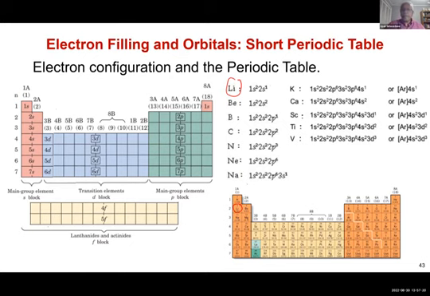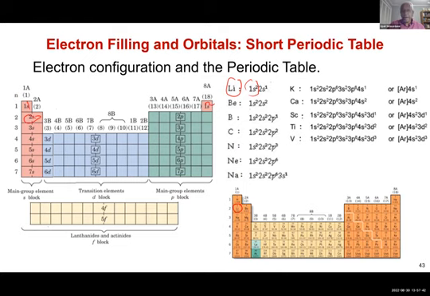So we have to fill in 3 electrons. You start with first one here, second one here, that's up to here. Then the third one goes to that one. Therefore, electronic configuration is 1s2, 2s1.